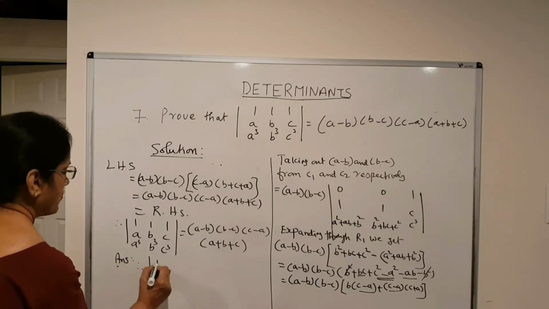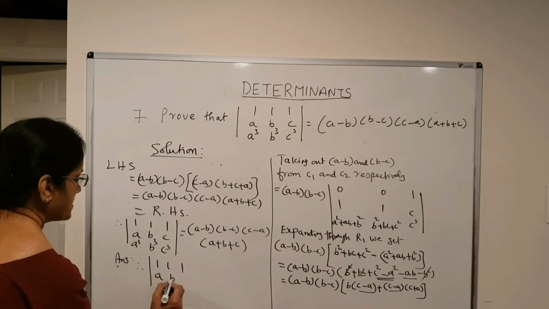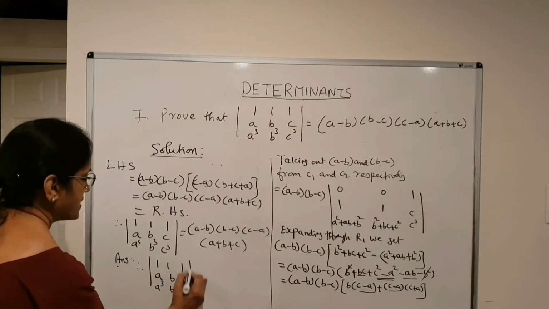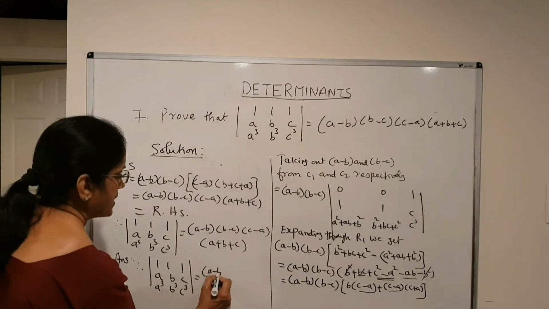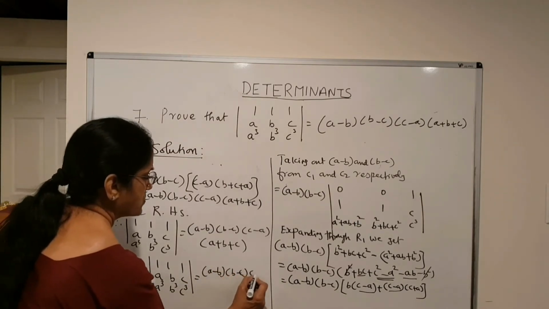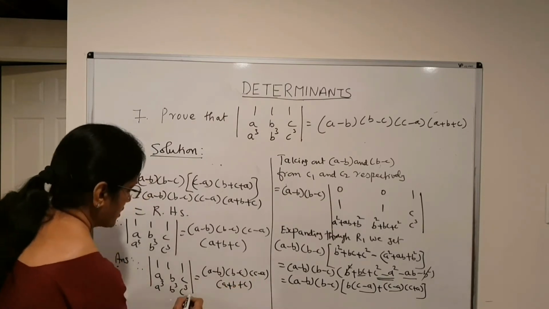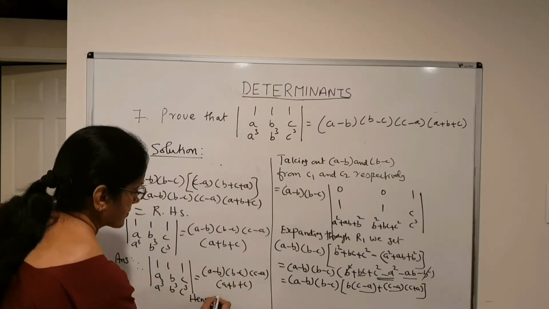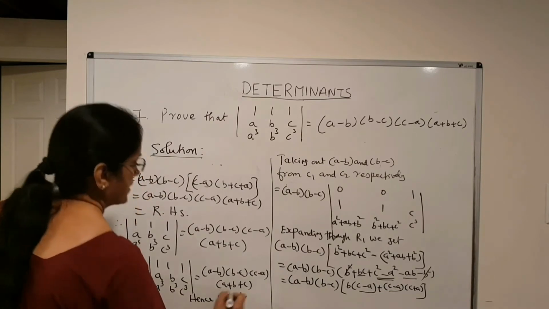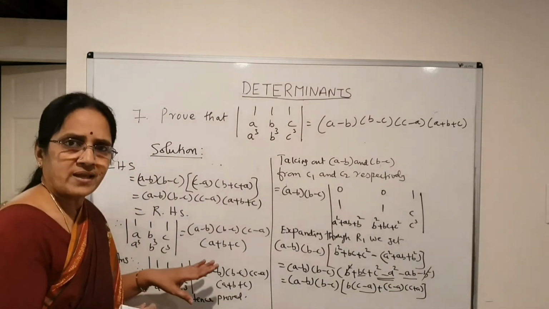You have to rewrite it again: determinant 1, 1, 1, A, B, C, A cube, B cube, C cube is equal to A minus B into B minus C into C minus A into A plus B plus C, hence proved. This is how you will be concluding your answer.